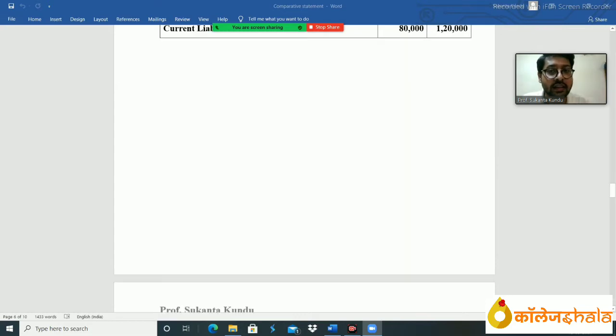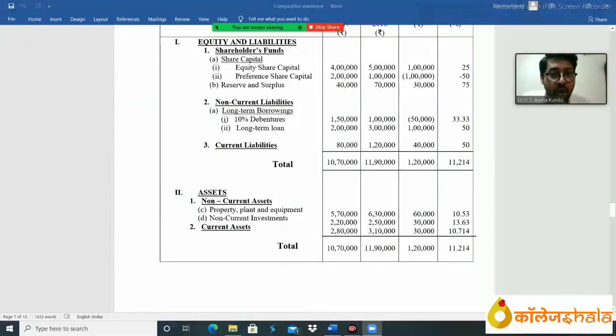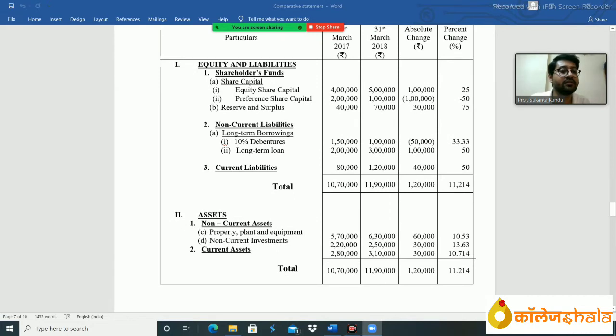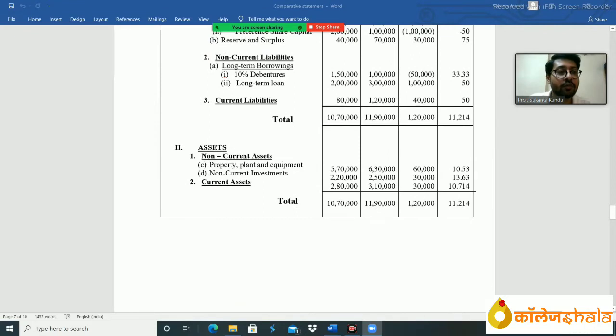Under non-current asset you can see property, plant and equipment, all those tangible assets. Now put the figure, find out the absolute change and then percentage change. Non-current investment, okay, then current assets, find out the absolute change and percentage change and the total, and it's very easy. It is very easy. So if you practice this sum, you can solve any problem of any year.